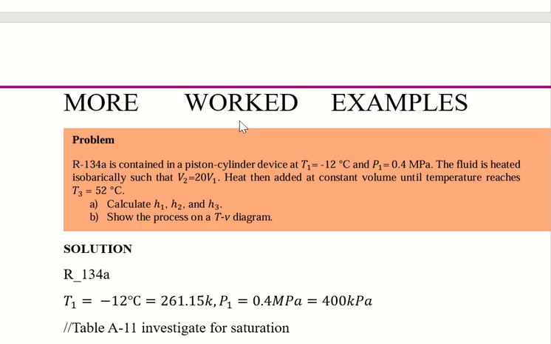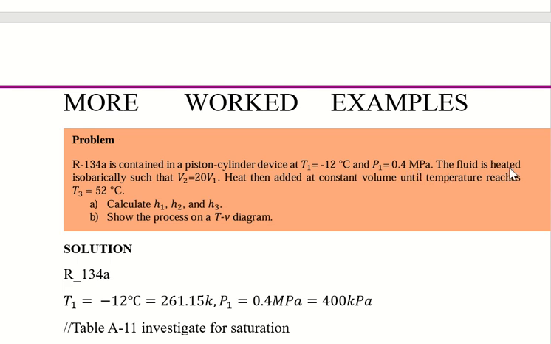right to it. This problem says refrigerant 134A is contained in a piston cylinder device at temperature 1, T1, which is equal to negative 12 degrees Celsius, pressure 1, P1, which is equal to 0.4 megapascals.